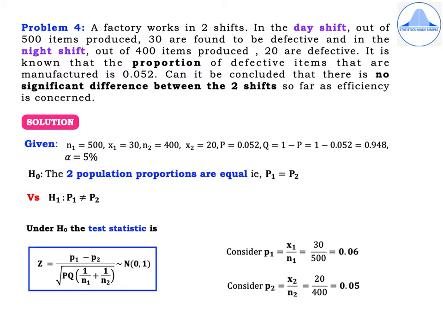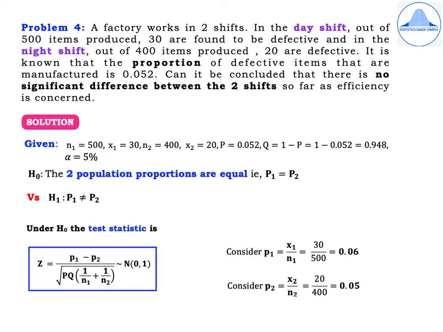Now in the problem, the next sentence is, it is known that the proportion of defective items that are manufactured is 0.052. Here they have not mentioned whether it is in the day shift or the night shift, and the word sample is not present. So it means that the proportion of defectives is given for the entire population in the factory.